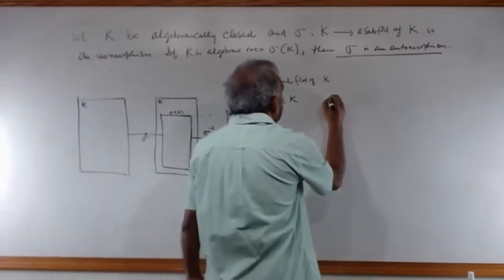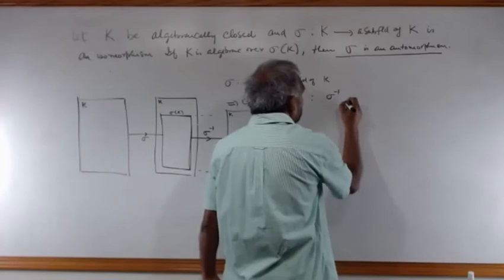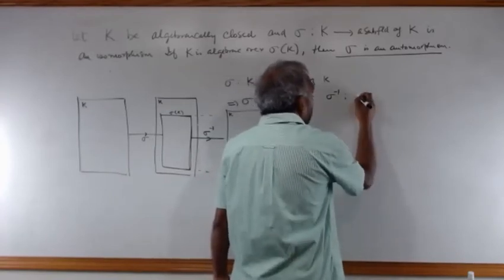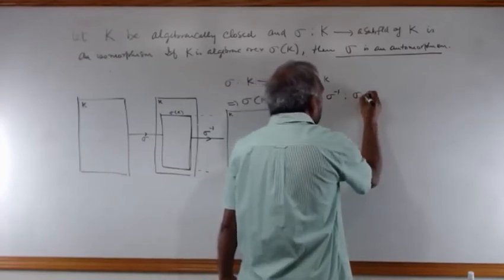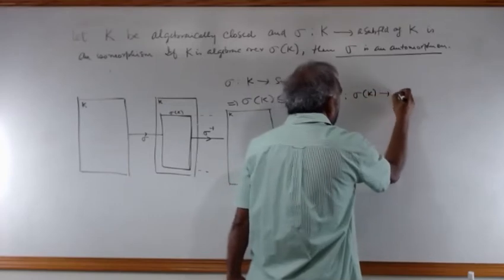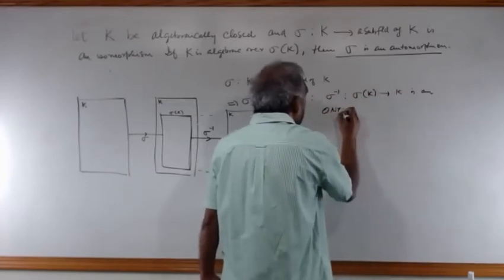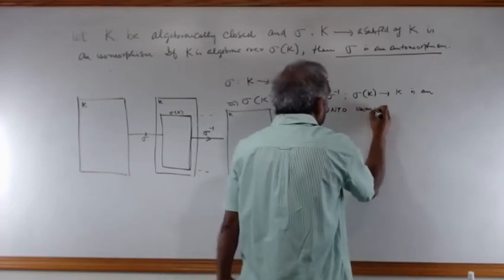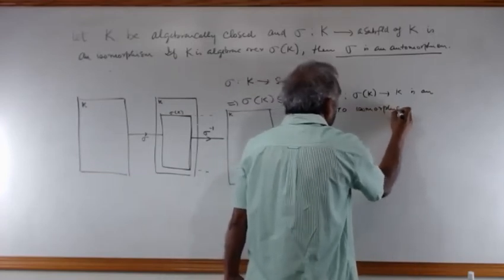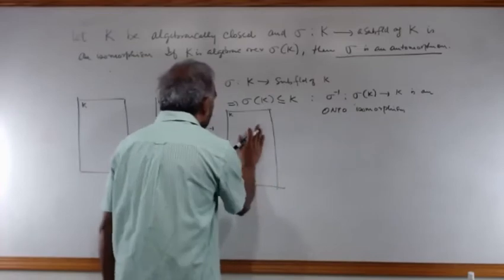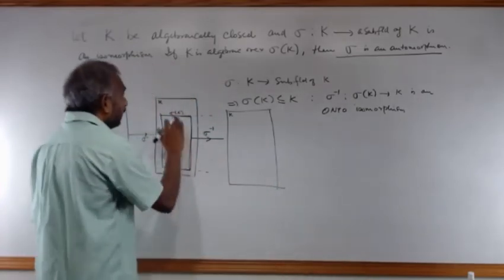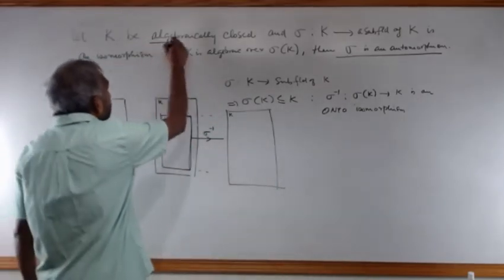So sigma inverse is an isomorphism from sigma K to K, an onto isomorphism, meaning every element of K is already mapped, and this is algebraically closed.